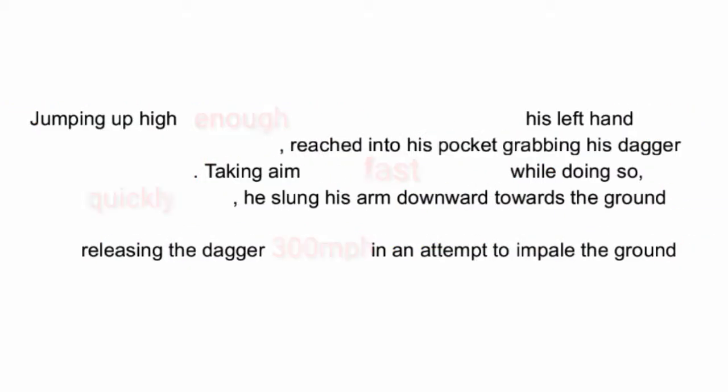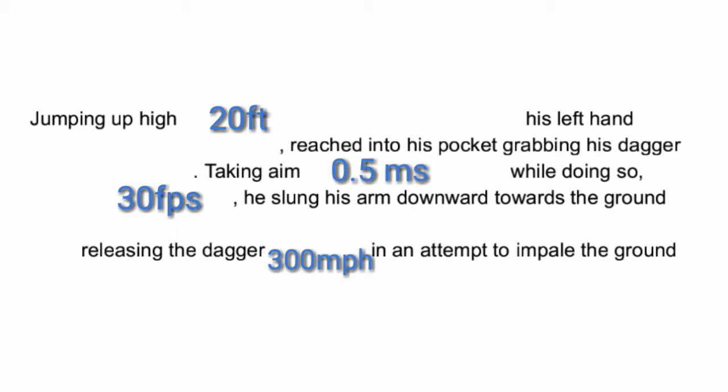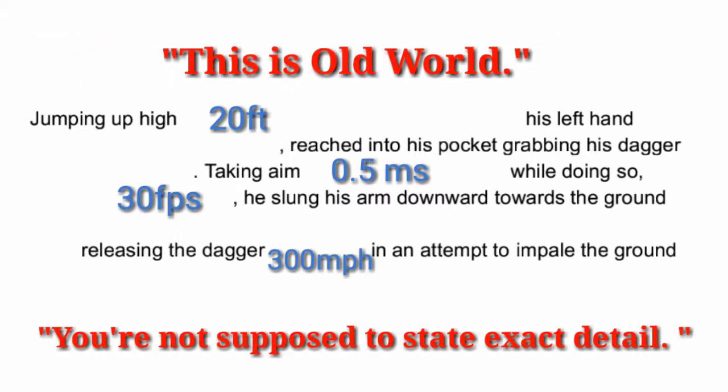For New World, players are not allowed to give a general description. And for Old World, being mathematically precise really doesn't make a difference, but it actually makes things more difficult, because giving a general description of measurements is really all a player needs.